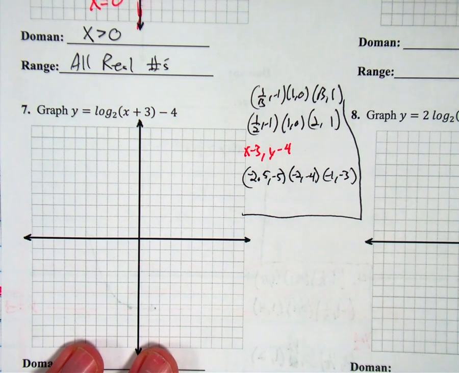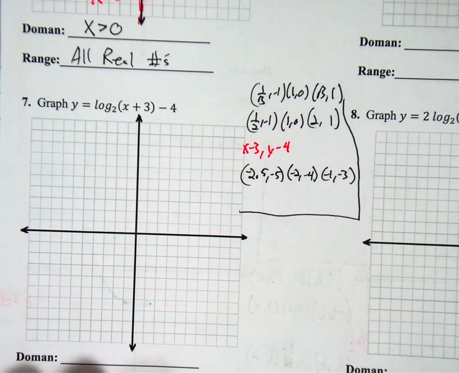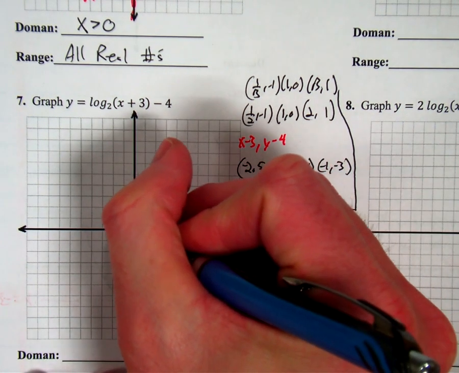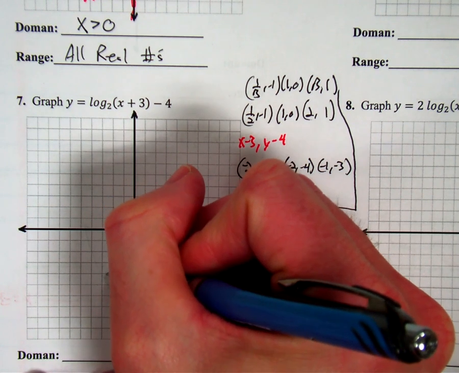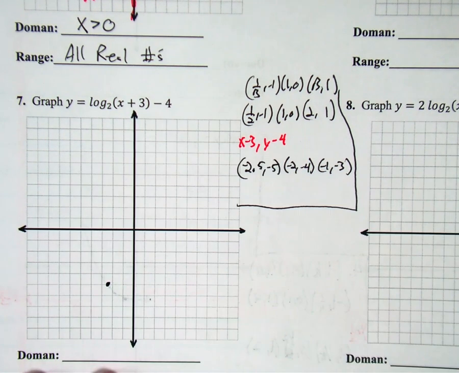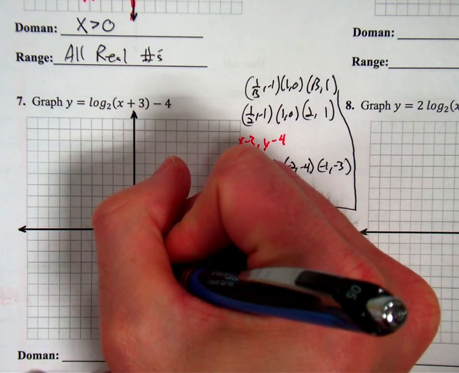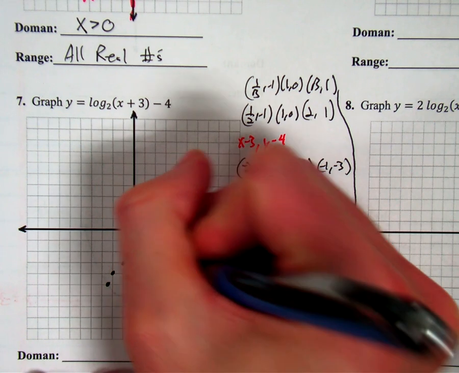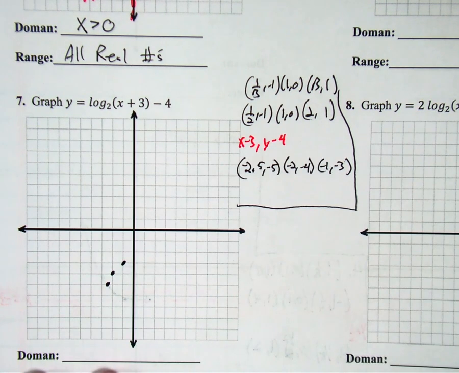So there's our dots for number 7. Negative 2.5, negative 5. Negative 2, negative 4. Negative 1, negative 3. Looks a little funny.